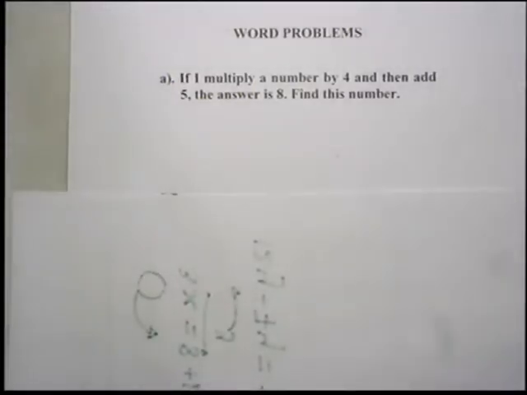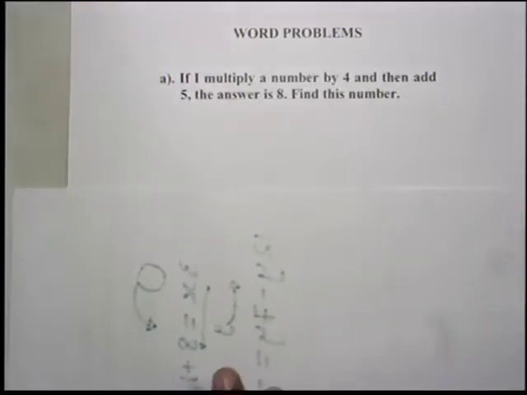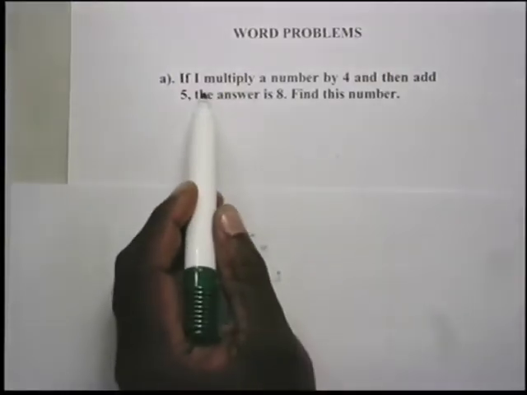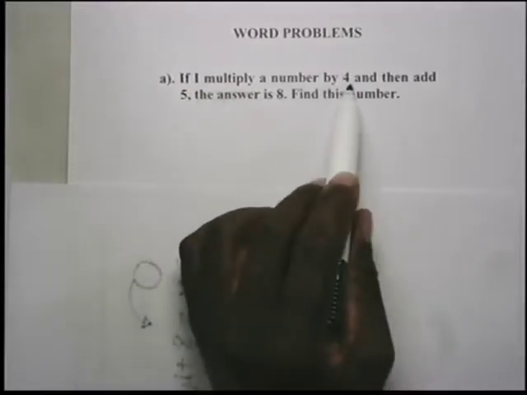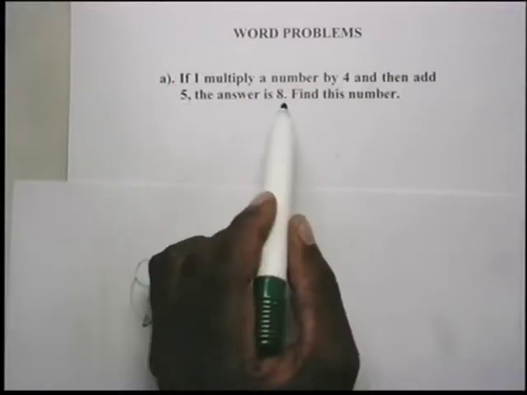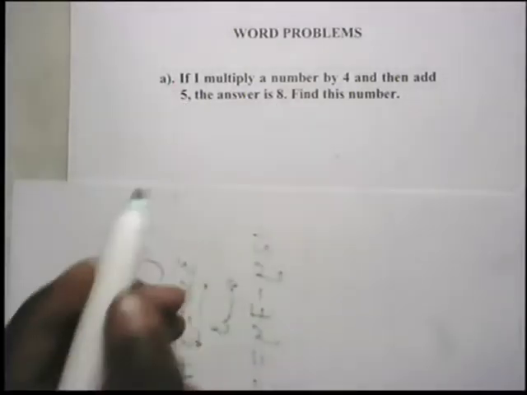Mathematically we should be able to represent the information that we have there. So it's a number. We can let this number be x or W or whatever, a letter of our choice. Then we are told that it will be W multiplied by 4, then 5 is added to give an answer of 8. We need to find that number.